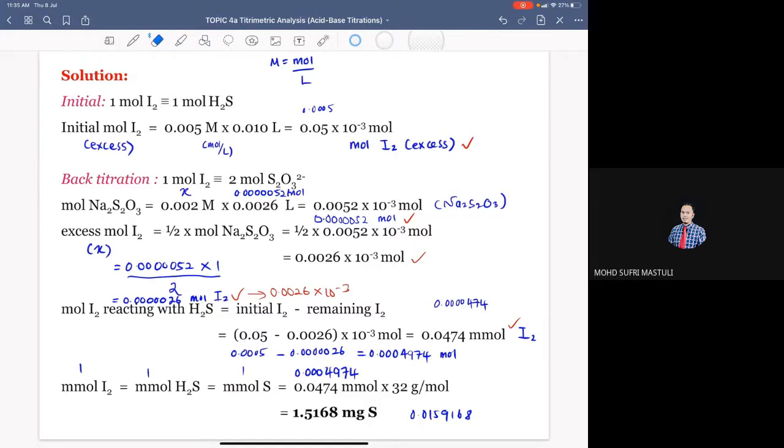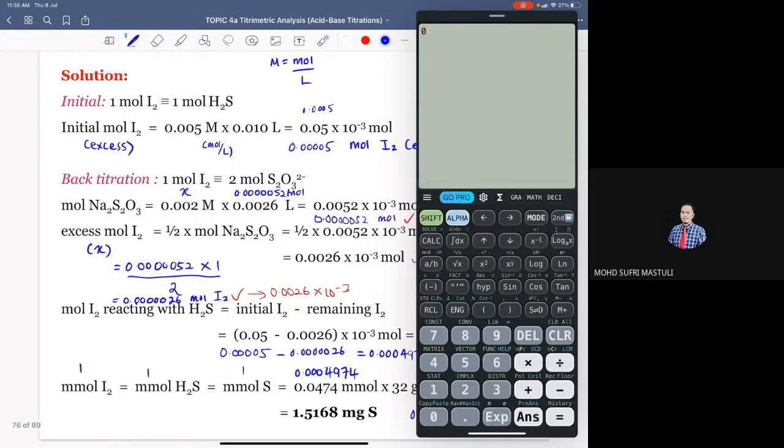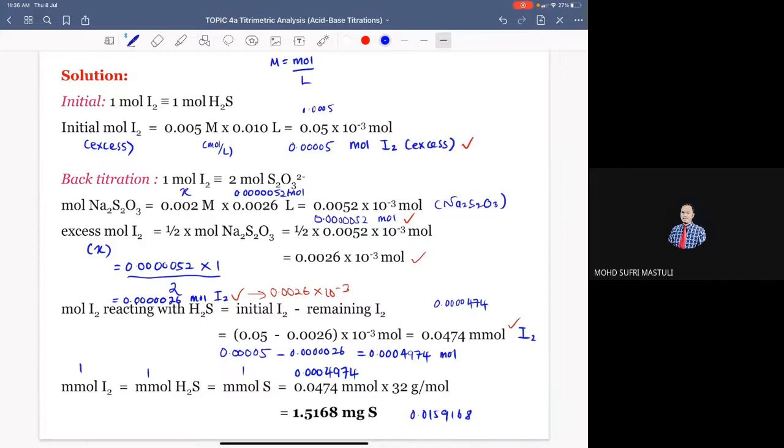Why do I get the right 0.0005? So this one should be okay. Let's settle this.